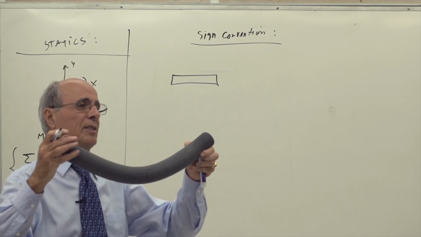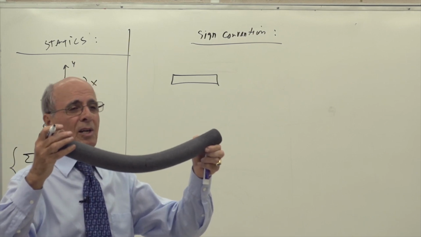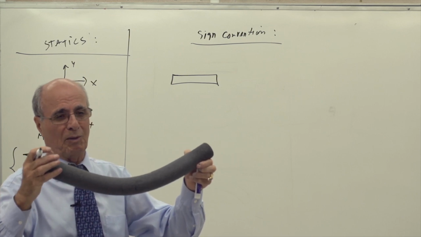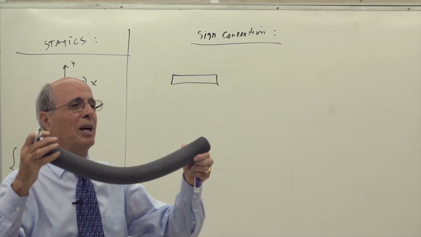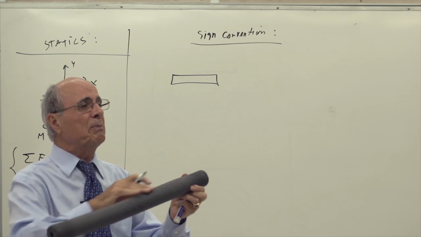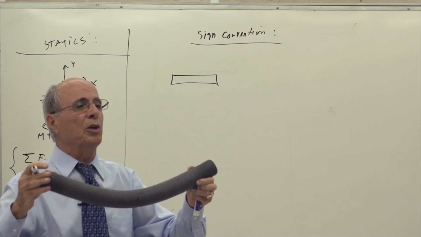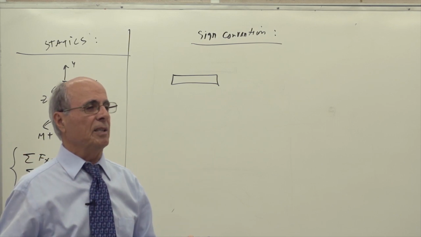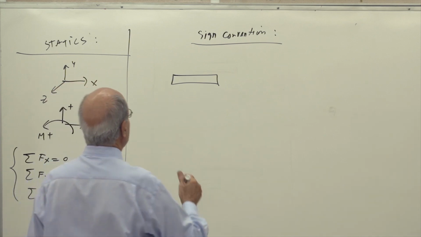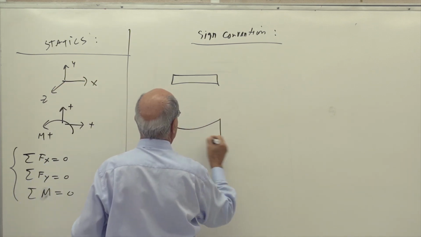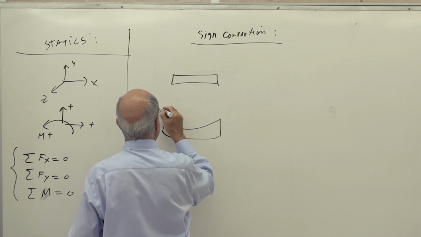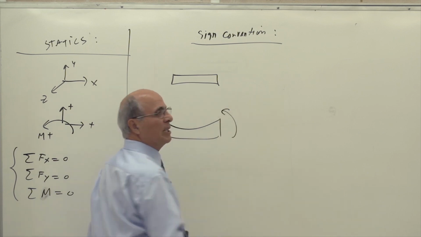This is a smiley face. Yes or no? This is why I started this 25 years ago, so everybody knows that. When it behaves like that, we are going to call it positive. Now, to get it to that form, I need a negative moment there and a positive moment there.